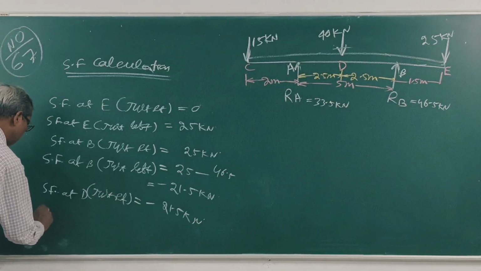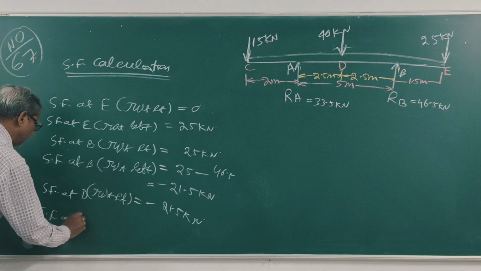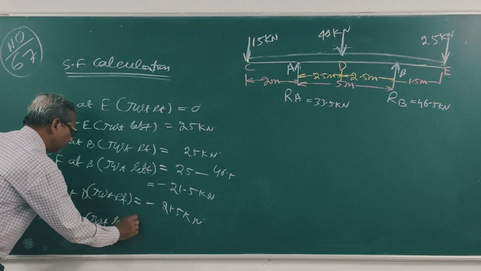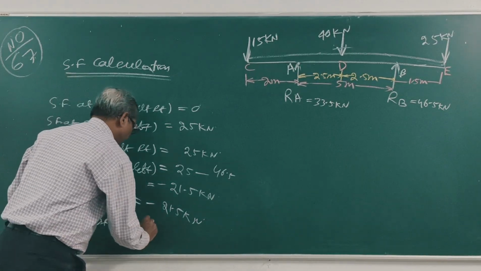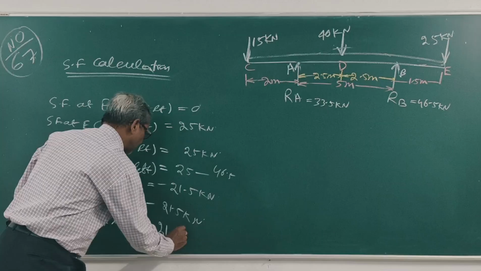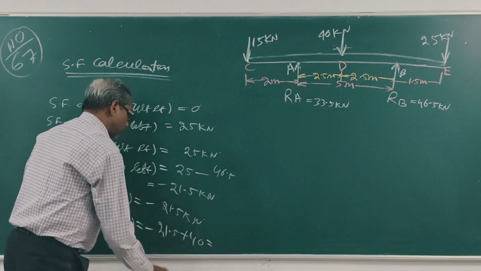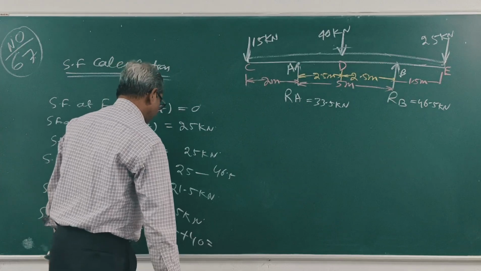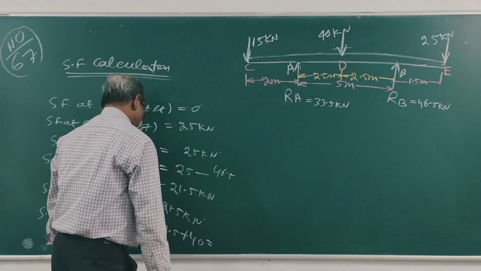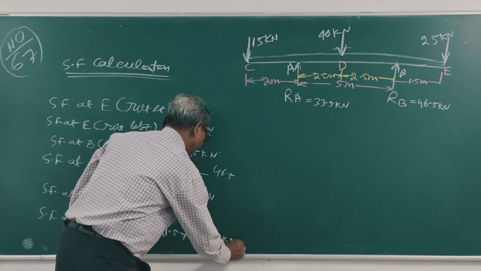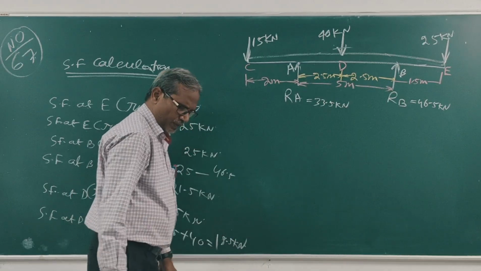Shear force at D just left is minus 21.5 plus 40. Clear? That is plus 18.5 kilonewton.